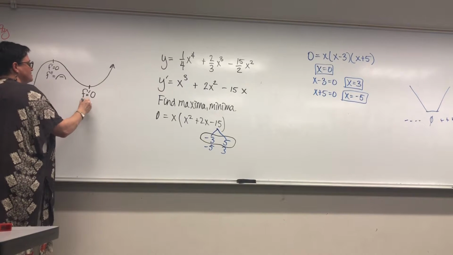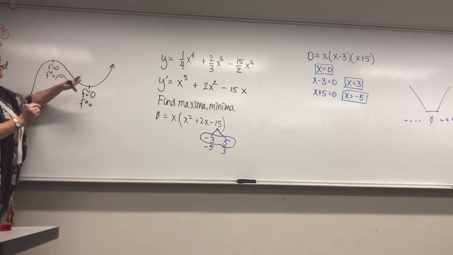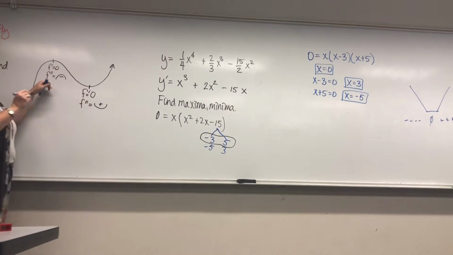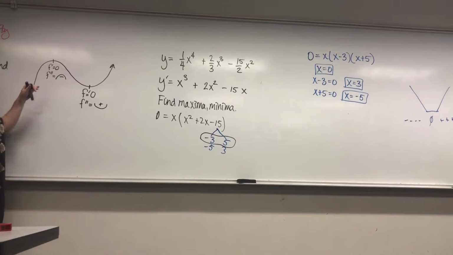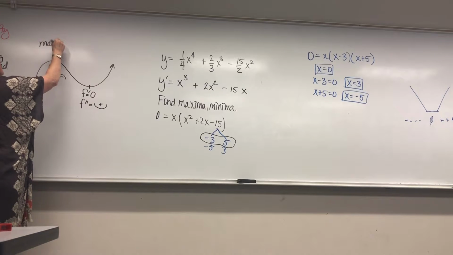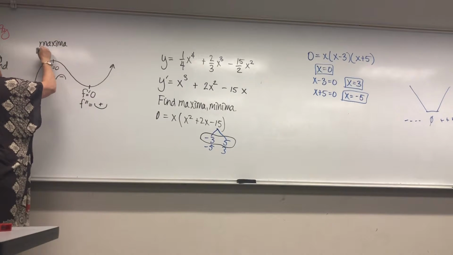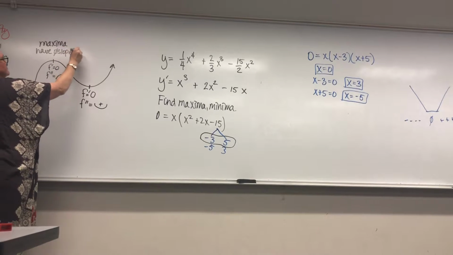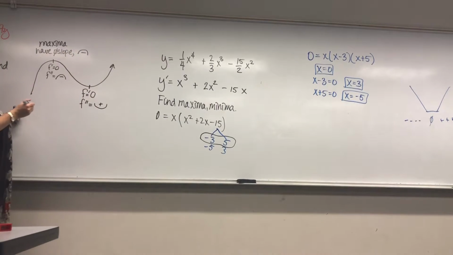What about the second derivative? What kind of concavity does it have? Positive or negative? So maxima have 0 slope and negative concavity.